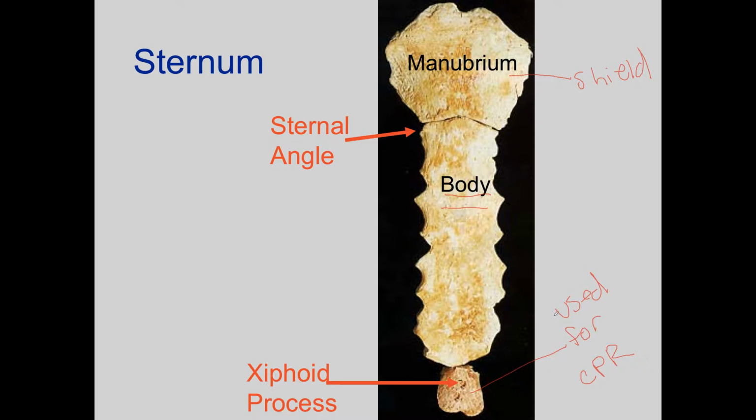One of the common injuries that happens during CPR is that people applying compressions in the incorrect spot will end up breaking the xiphoid process. But if you have a choice between being resuscitated and having a broken xiphoid or not being resuscitated, I would bet that your preference would be resuscitation. So, oh well.